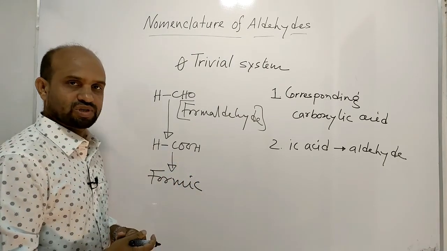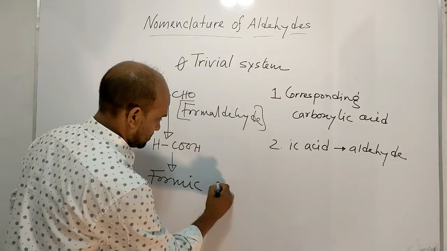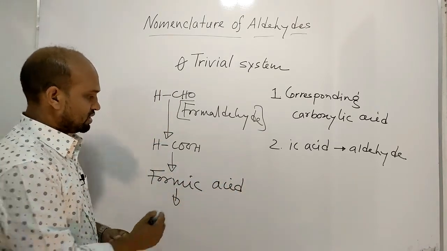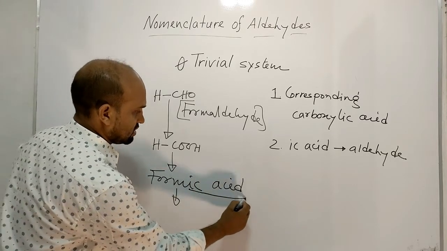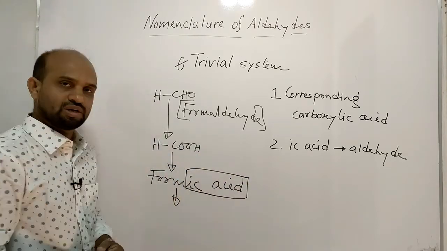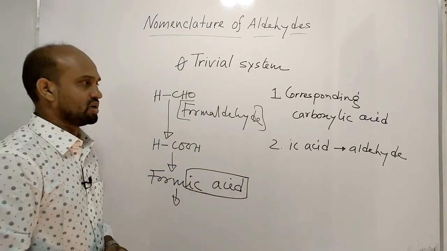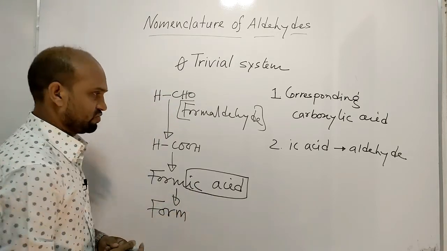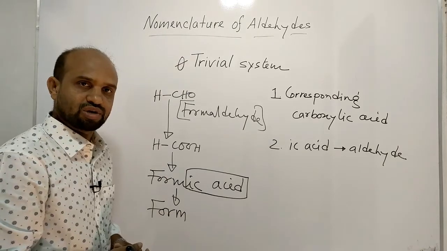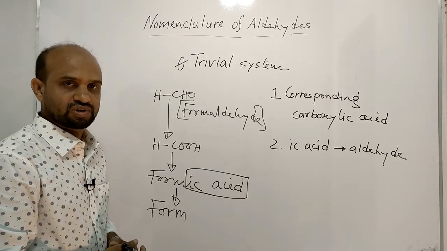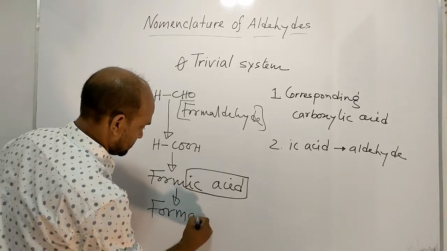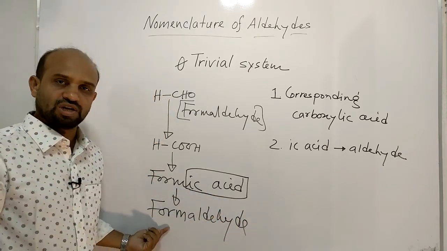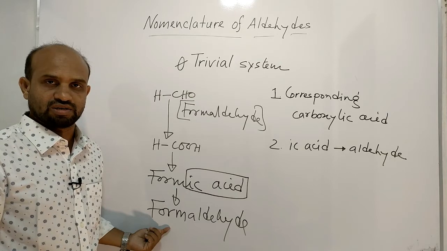We know it from the previous lecture. Now ic acid will be replaced by aldehyde. Then aldehyde will come here in place of ic acid. Now its name is formaldehyde.